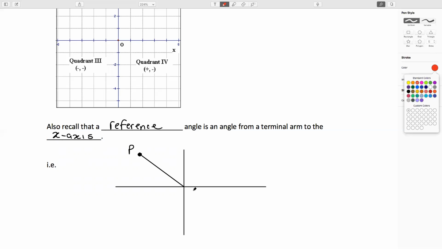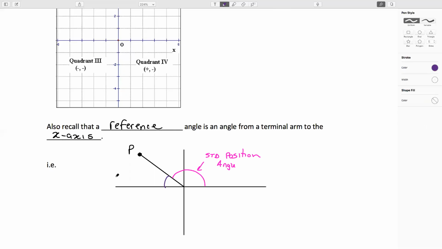We can measure our angle from the positive x-axis, so we can measure this angle. That's what you call the standard position angle. But we could also measure to any x-axis, so we can measure to the closest one, which is right here. This is what's called the reference angle.